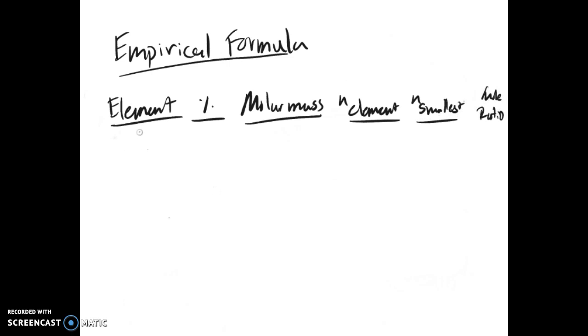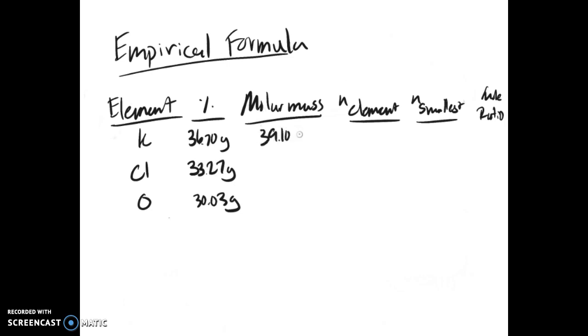So in this example, we have potassium, chlorine, and oxygen, and we'll use the mass in grams because these add up to 100. The molar masses stay the same. Same molar masses from the periodic table. Pretty easy, usually out to 4 sig figs.